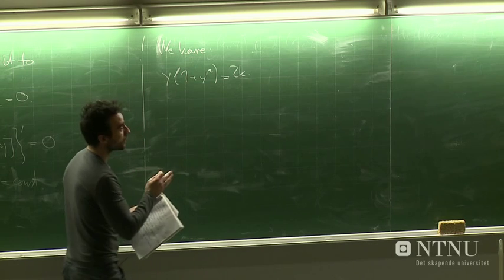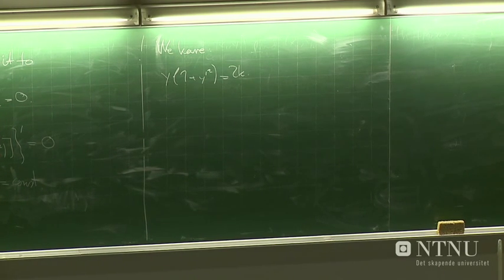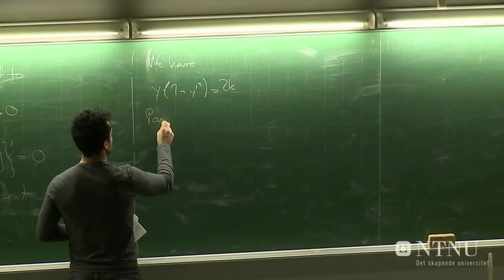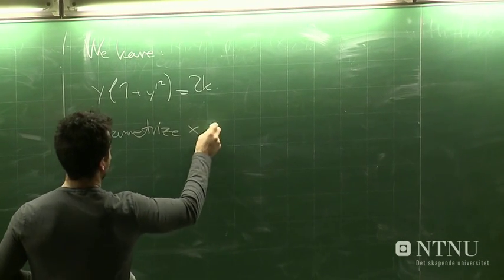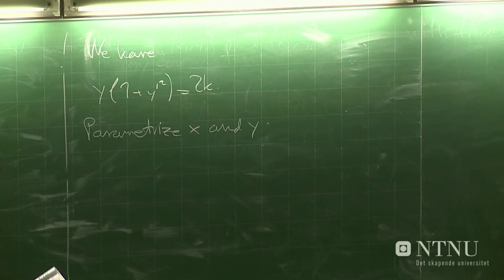Because if we do so, we can represent x and y in terms of an independent parameter theta in the following way. So we parameterize x and y.